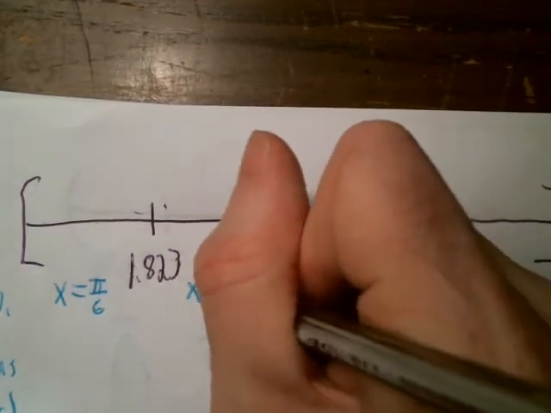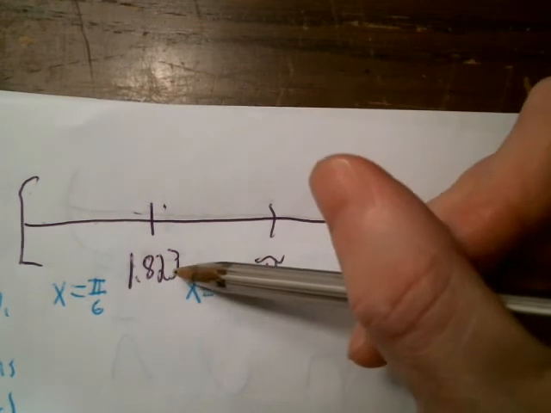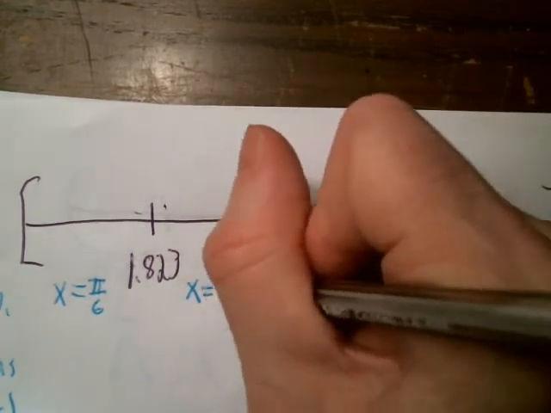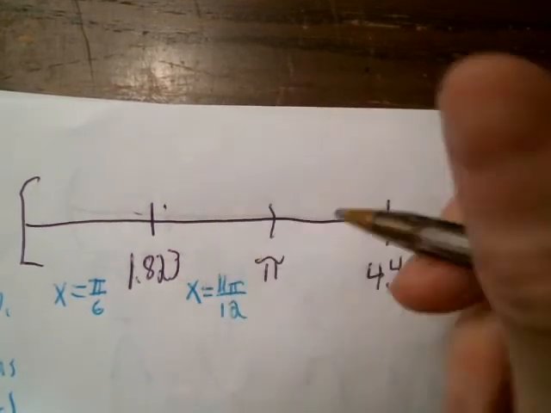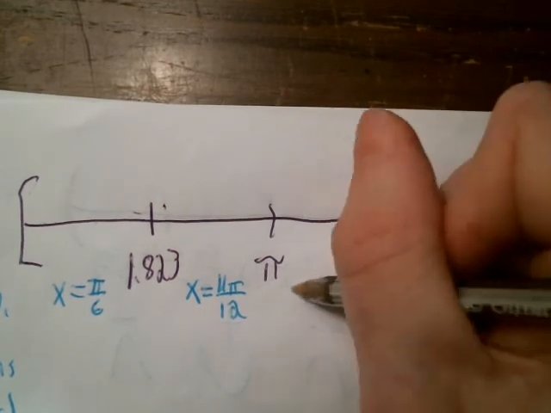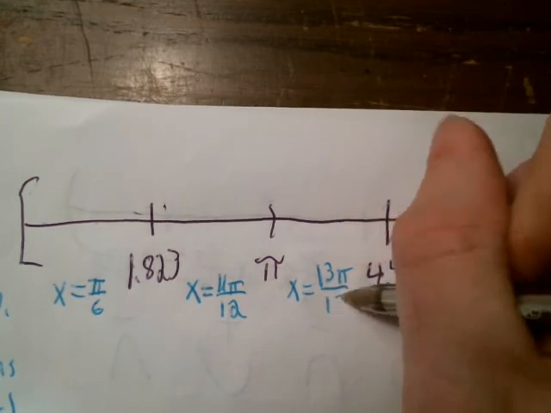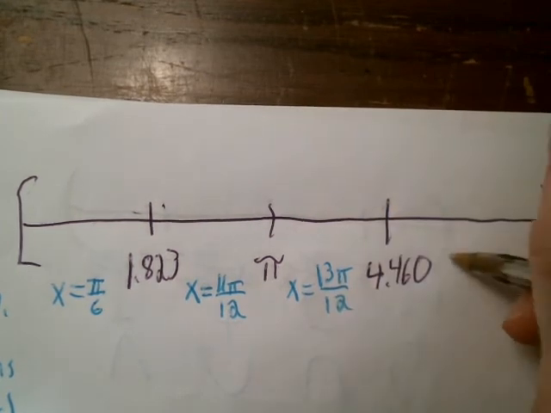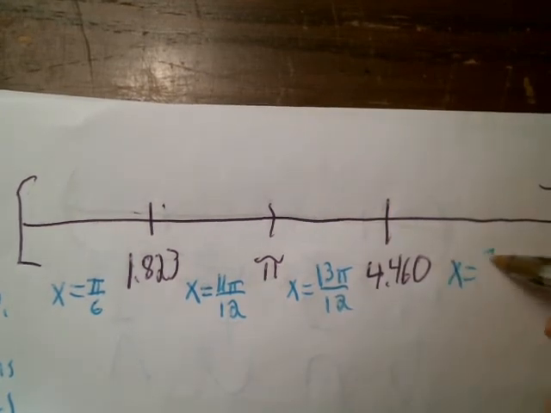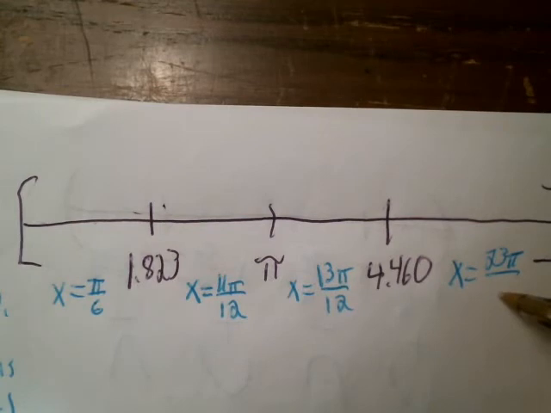Then you try something like 11 pi over 12, close to pi, and then x equals 13 pi over 12, and then something close to 2 pi, so x equals 23 pi over 12.